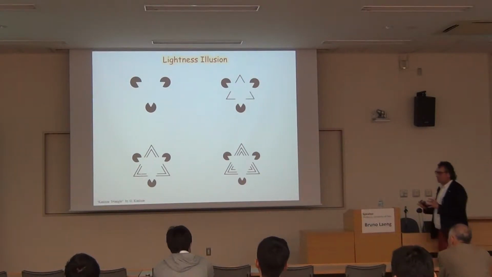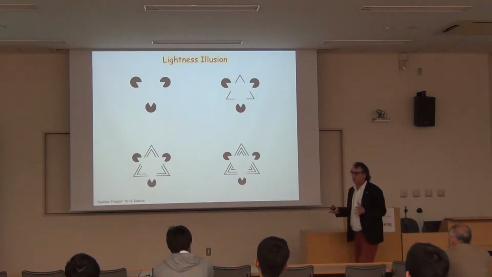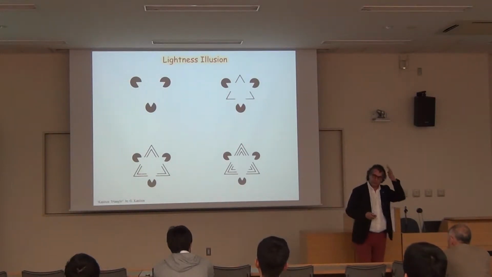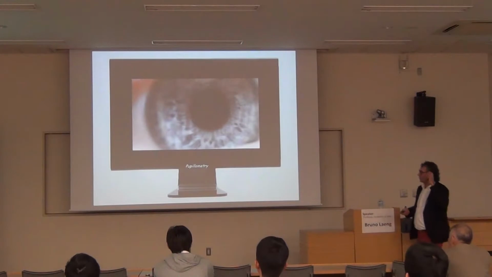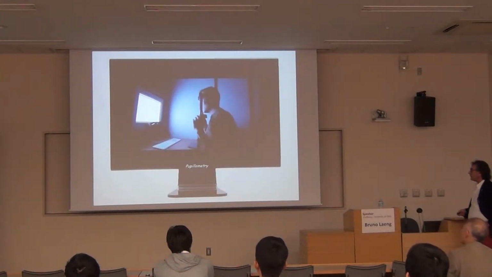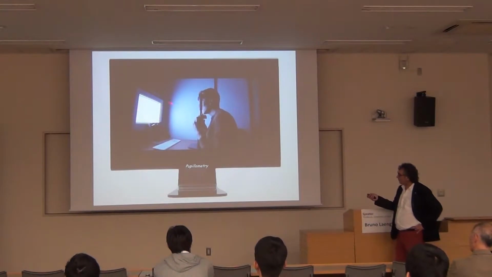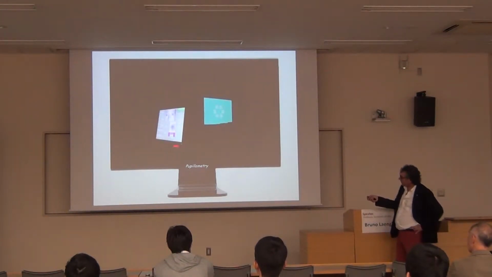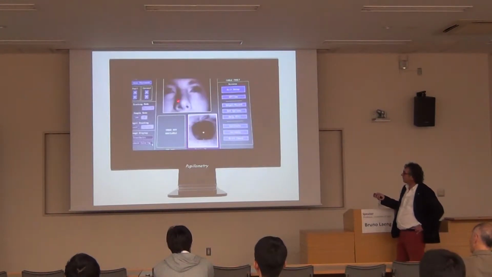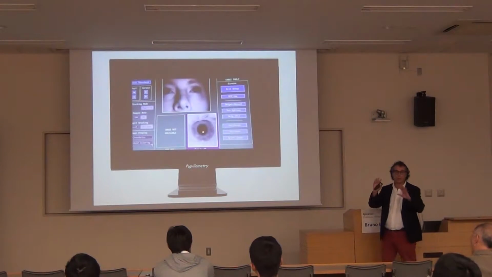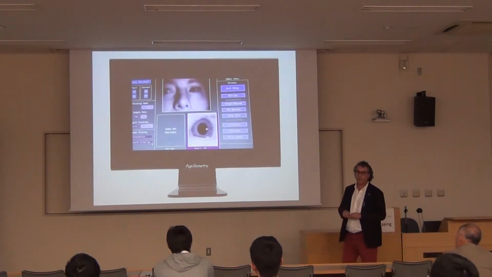So what we do in our lab, we have a technology which has been developed enormously in the last few years. It's based on an infrared video camera, so that participants can sit in front of a computer. Here there is a video camera that has an infrared lamp. And we can monitor what happens to the eye while they're looking at something on the computer screen.